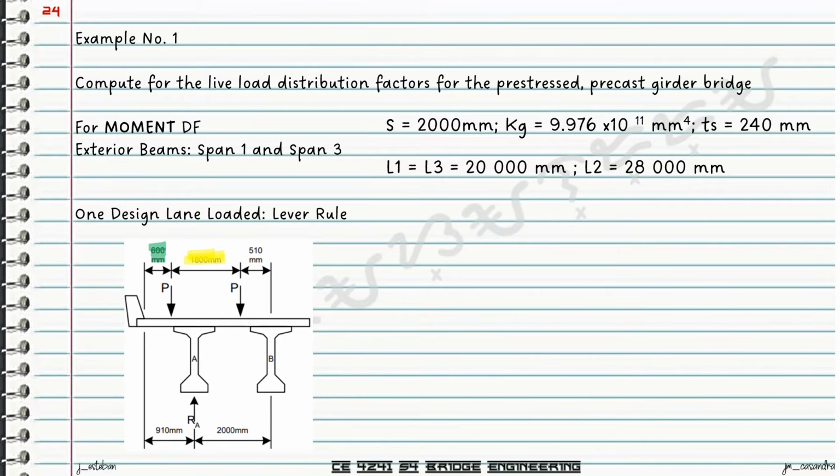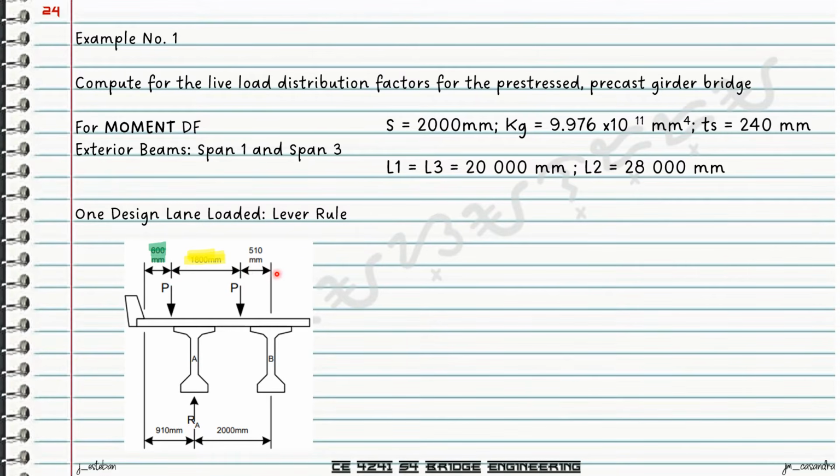So this is the minimum value of this distance. Okay. Then from here, we can now solve for the distance of the other wheel to the center line of your first interior girder using now 2,000 plus 910 minus 600 minus 1,800.